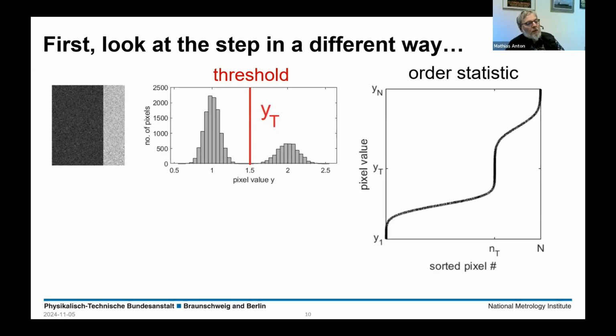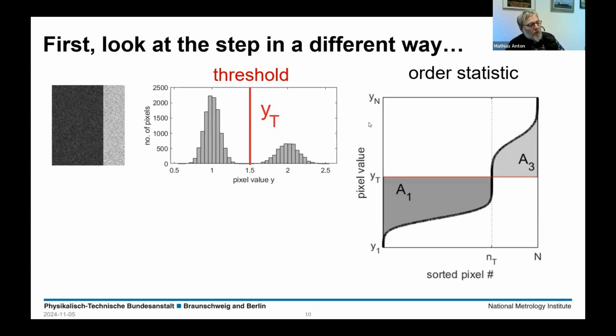If you make this plot of all gray values in ascending order, and you draw a horizontal line given by the threshold you have just defined, then you see that there are two areas, A1 and A2, which are enclosed between the order statistic and the horizontal given by the threshold.